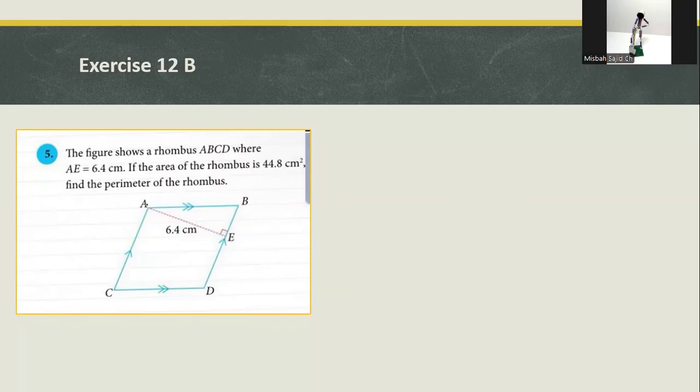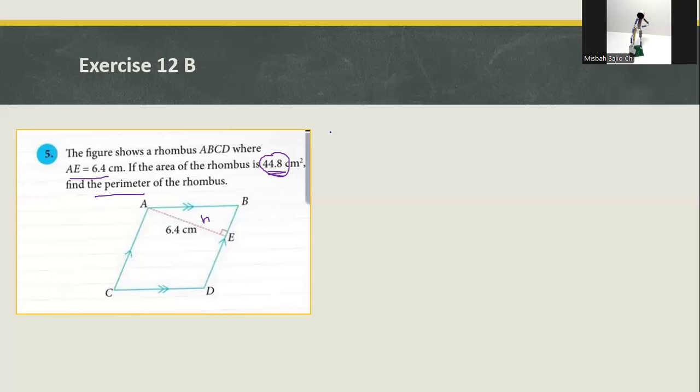So that is why we can say that AE is a height, and height is equal to 6.4 centimeter. If the area of the rhombus is 44.8, find the perimeter of the rhombus.